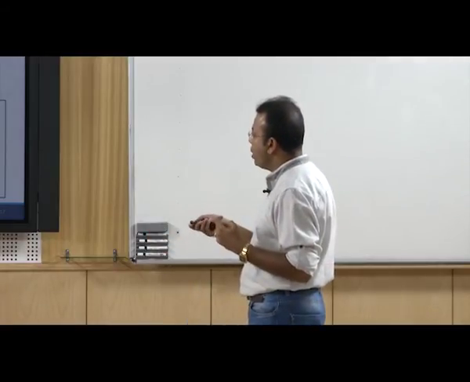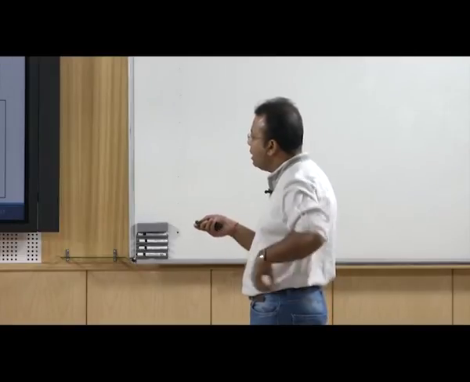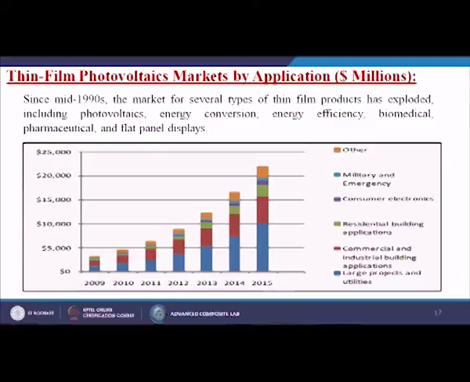From this particular figure you can understand that in the year 2009 it was near about 3000 to 4000 US dollars, but when you talk about 2015 it reached more than 20,000 US dollars. Here the blue color gives the large projects and utilities where we are applying the thin films, the orange color is the others, the light blue or sky blue gives the military and emergency, the purple gives the consumer electronics, and green gives the residential building applications.